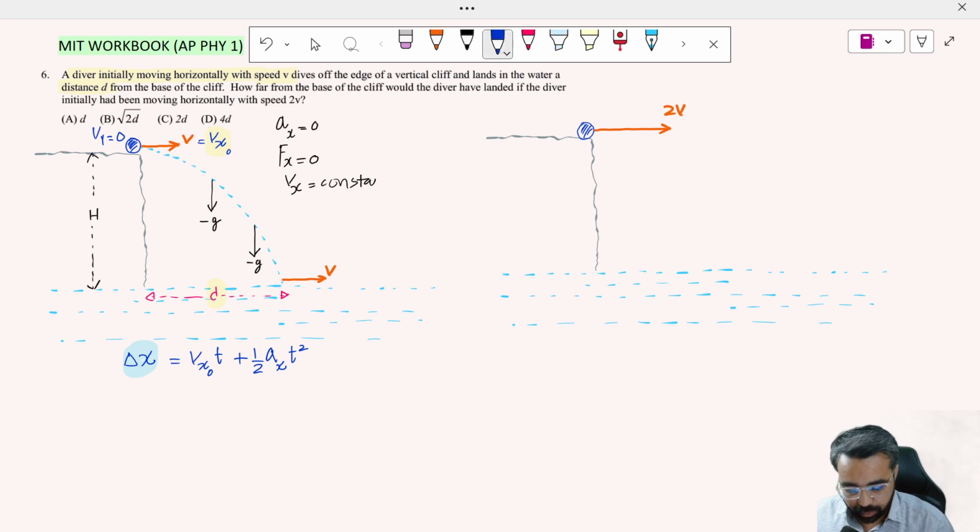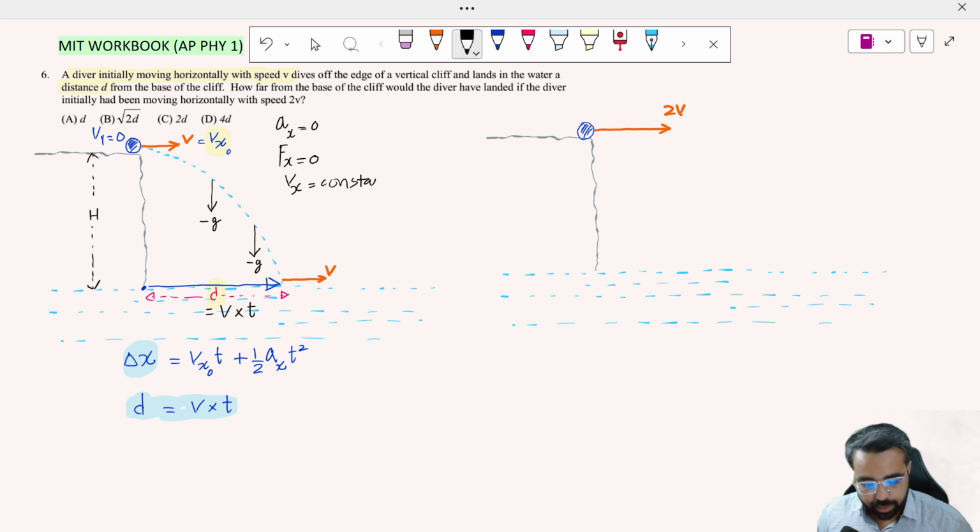From the base it has covered d. So d is equal to v multiplied by time t plus 1 over 2 into 0. This is the equation with which we can describe d: v multiplied by time t. Now when we throw an object with velocity 2v, will it cover twice the distance?